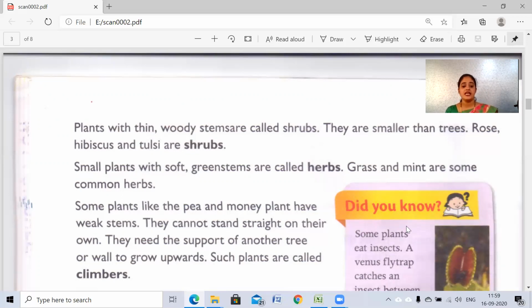Yes, they need support of another tree or a wall to grow upward. Such plants are called climbers. Okay. So, we came to know about trees, shrubs, herbs, climbers.